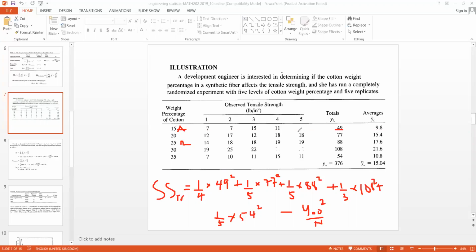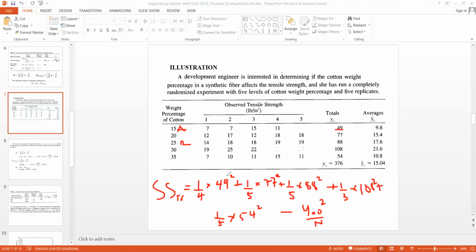In the case where the number of observations for all the treatments are not the same, we call it an unbalanced design. You understand? So if it's an unbalanced design, you don't just apply the formula as it is. You have to treat each row independently, using their replicates to multiply their row total squared. Okay, I get it.